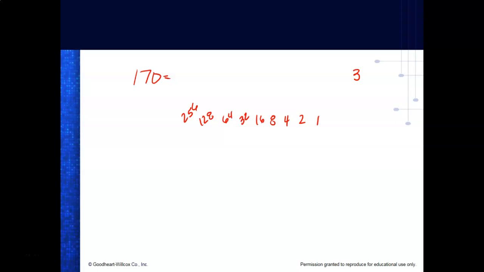So I'm going to take my decimal number and subtract from it the highest decimal equivalent of a power of 2 I can. So what's the highest thing I can subtract from 170? Okay, so I'm going to put a 1 in 128 and subtract 128 from it. And what does that leave us?